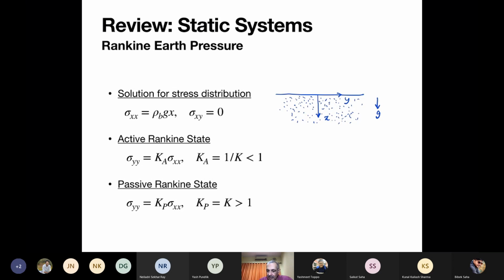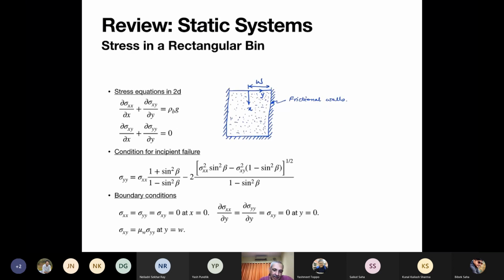So this we have already seen. And then we went on to the next one. And this, what we showed, of course, is that in this case, all these terms are non-zero. And since the gravity is only in the x direction, so here we have rho b into g. Rho b is the bulk density. I've been saying this word many times.